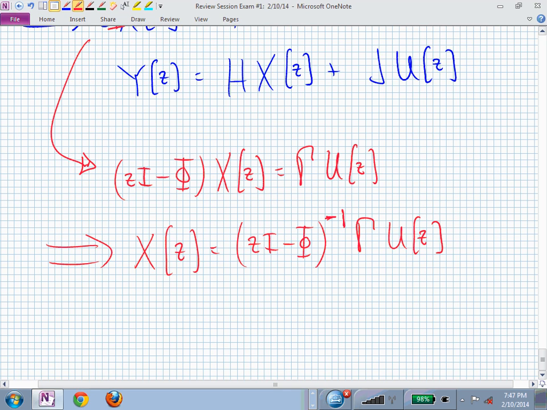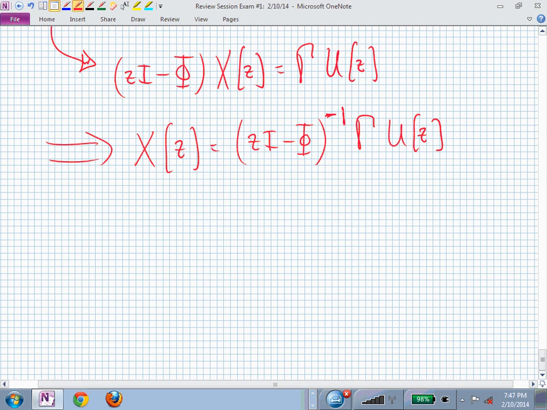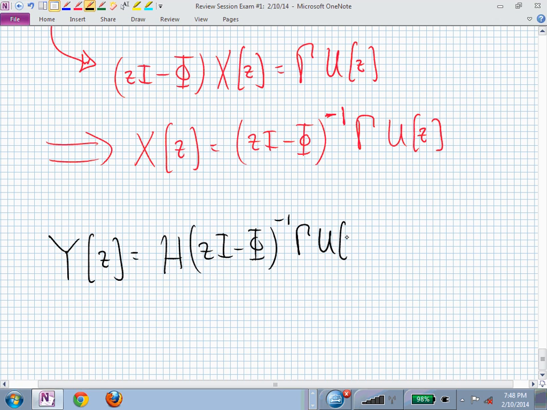All right, let's keep going. So now we have y of z equaling h times this x of z, which is now (zI minus phi) inverse gamma u of z, plus j u of z.